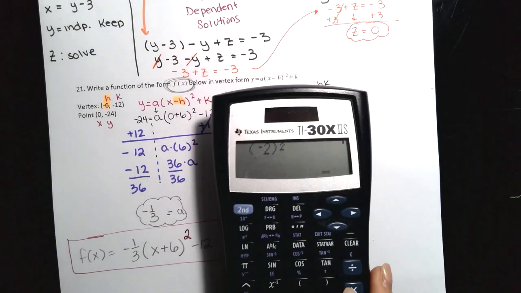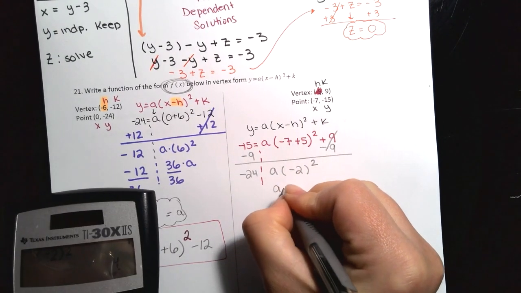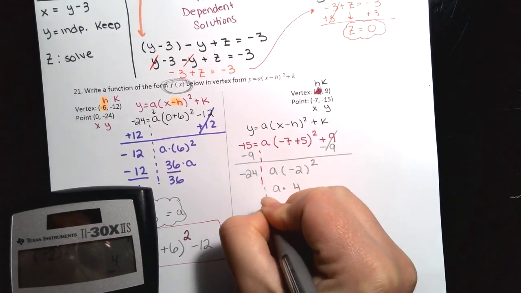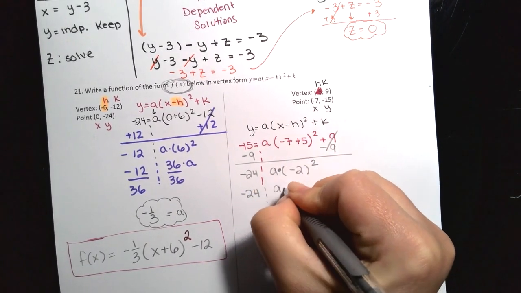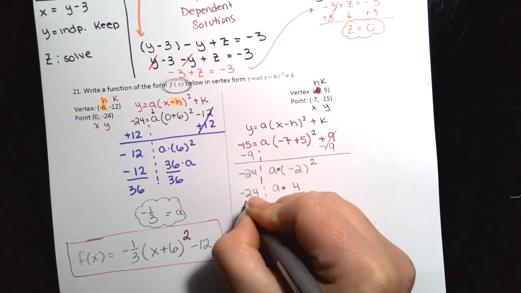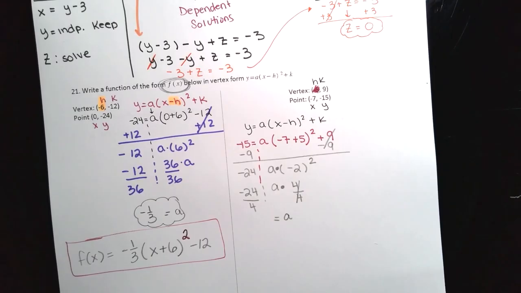If you do that, you must have parentheses around negative 2. Sometimes things get mixed up with our positives and our negatives. Here, I'm showing you how we just keep that 4 on the right-hand side. That's fine. Make sure you put in your little multiplication dot so it triggers your brain to divide. Negative 24 divided by 4, oops, is a negative 6.